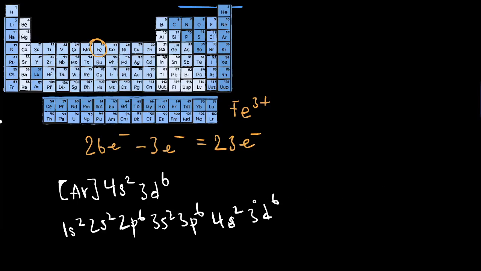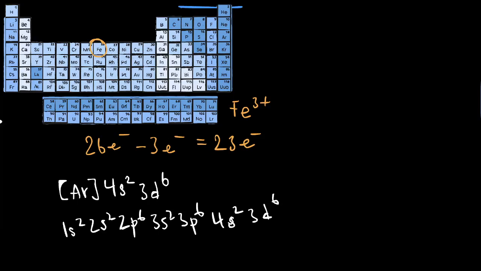But before we actually do that, I forgot to mention, this is actually not the electron configuration for the iron 3+ ion. Rather, this is the ground state electron configuration of the neutral iron atom. As we mentioned here, we are losing 3 electrons.